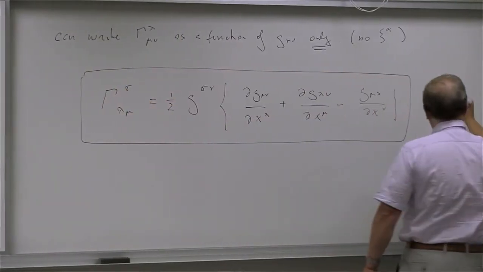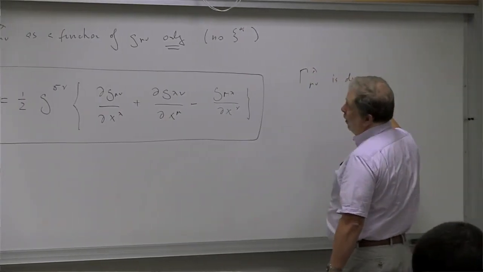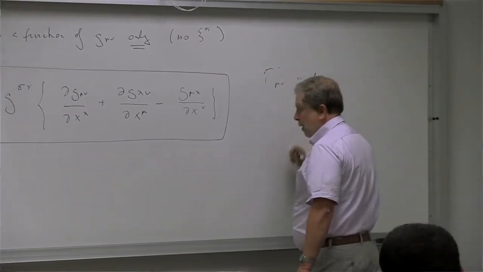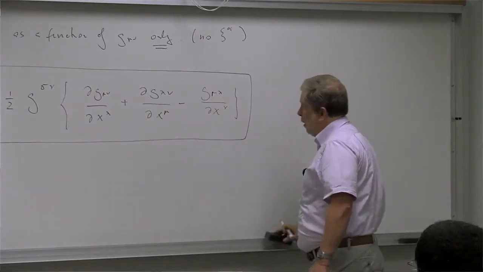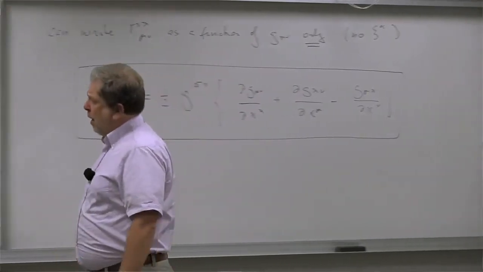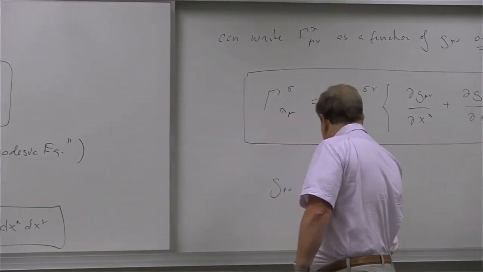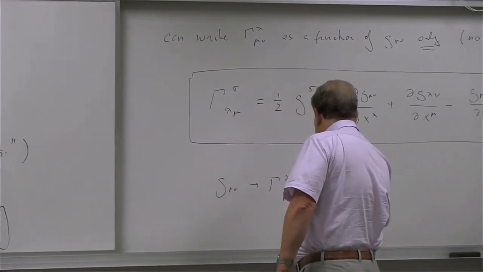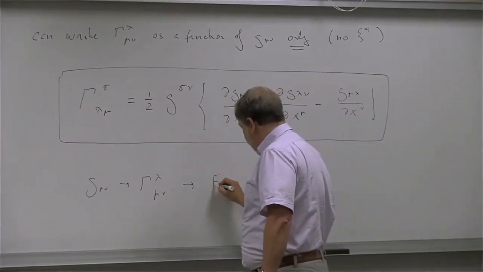So that means that the gamma lambda mu nu is completely determined by the metric. So if we know the metric, then we can calculate the affine connection. If we know the g mu nu, then we know the gamma lambda mu nu. And if we know the gamma lambda mu nu, then we know the equation of free fall.